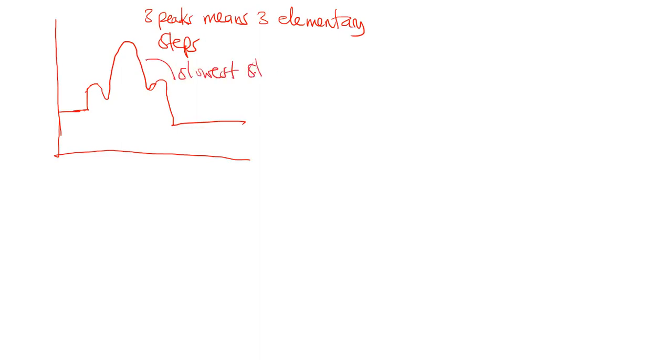So 3 peaks means 3 elementary steps. That's what it means. And this one is the slowest step, the one that has the highest or the biggest peak.